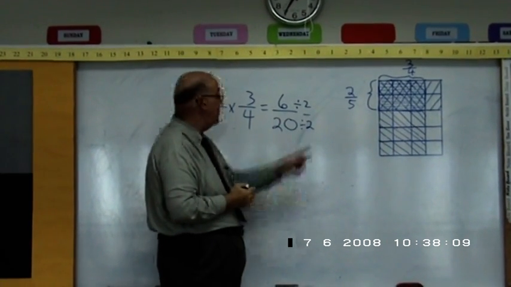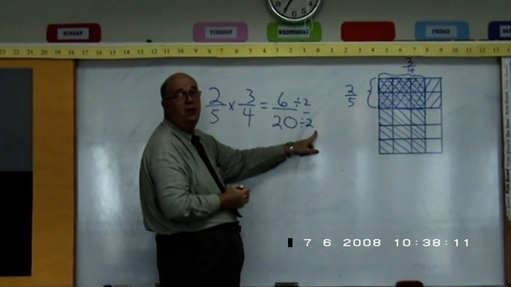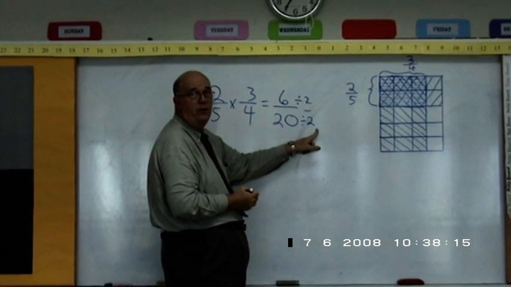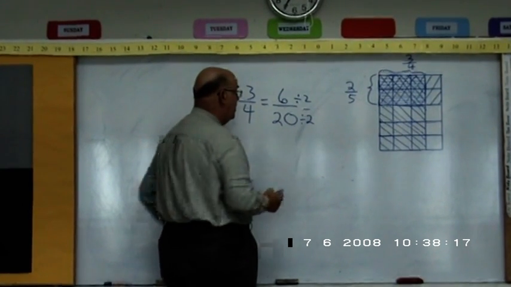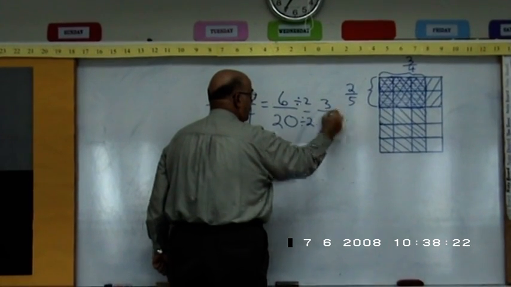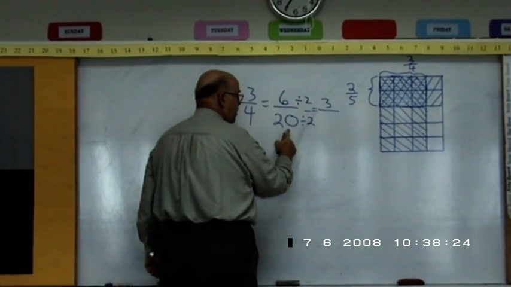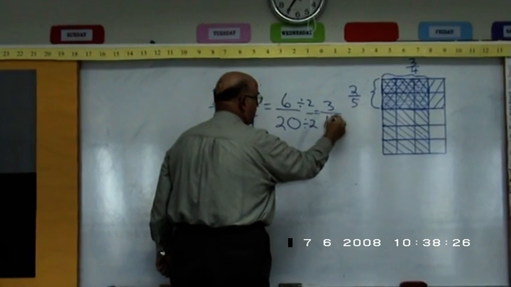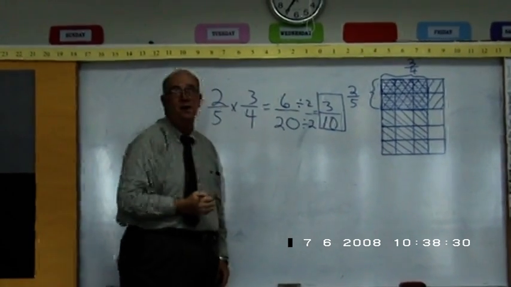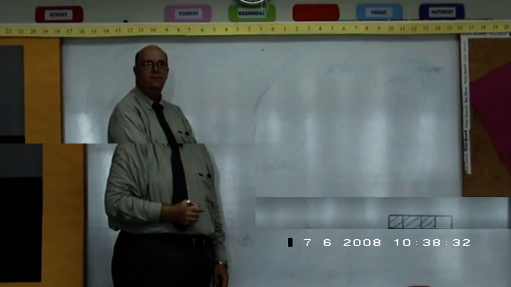And when you do that, you're dividing by 2 over 2, which is 1. And you can divide any number by 1 and you don't change the value. So if we divide 6 by 2, we get 3. If we divide 20 by 2, we get 10. So our final answer would be 3/10.